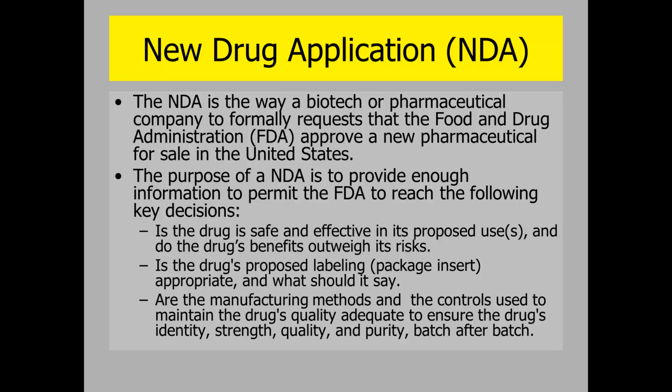And finally, are the manufacturing methods and the controls used to maintain the drug's quality adequate to ensure that the drug's identity, strength, quality, and purity are the same batch after batch? Can you make the drug reproducibly? And that's the problem for the biologicals.